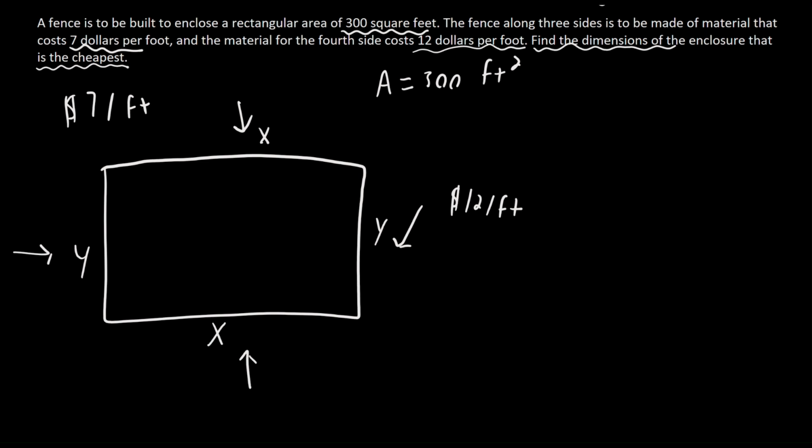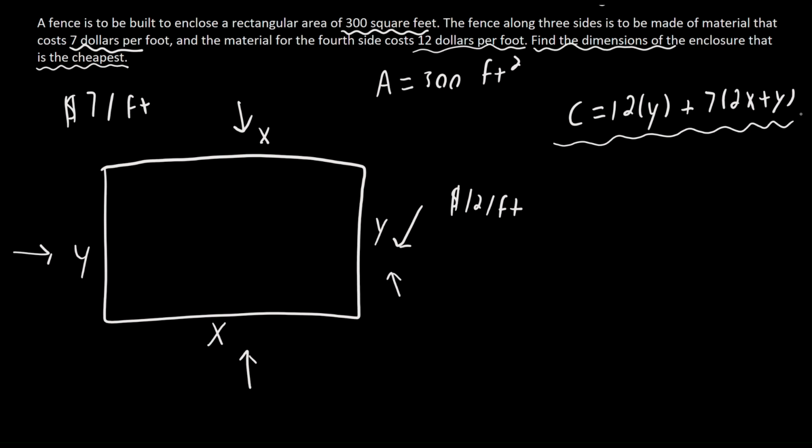So if we're looking to optimize the cost, we're going to need a cost function. So in this case, it would be cost equals $12 times this Y length plus $7 times 2x plus y. So this will be the cost of the entire rectangle.